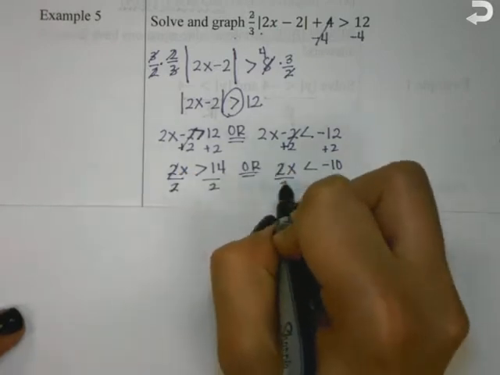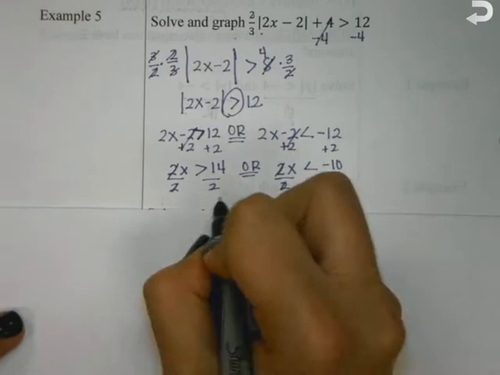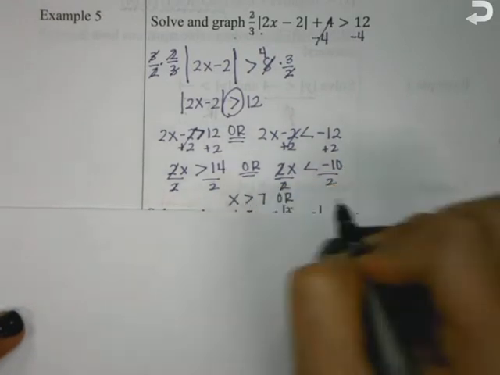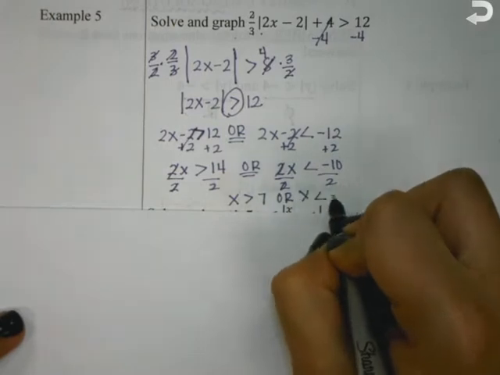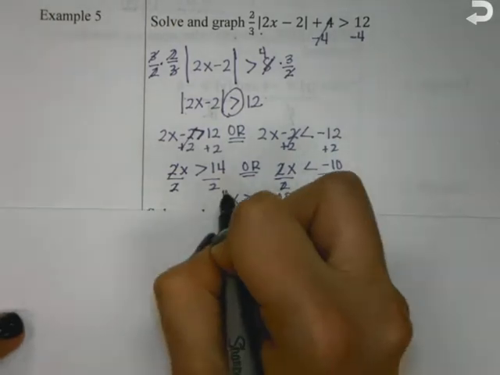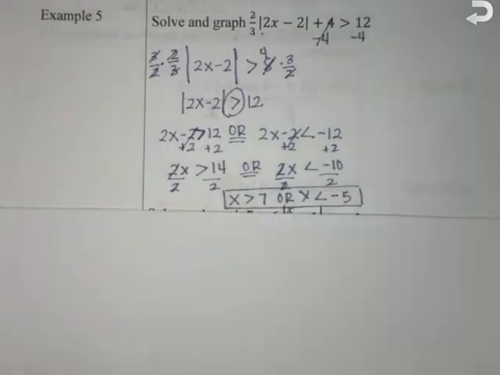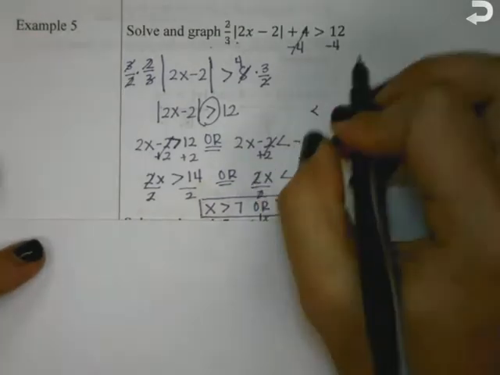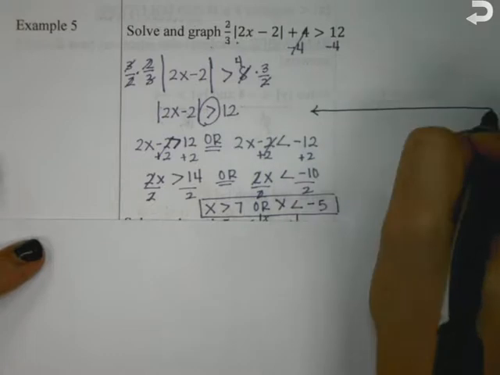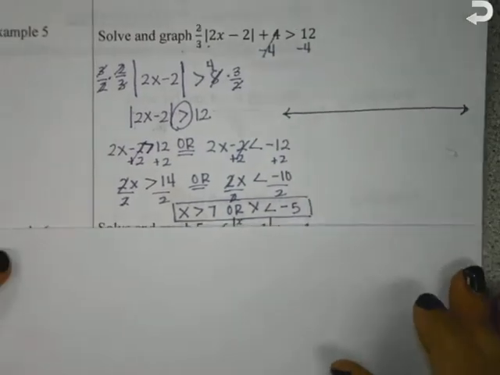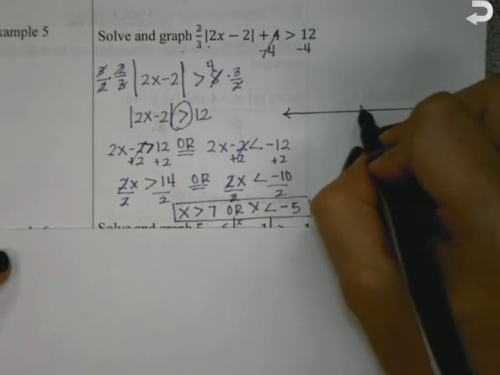Now I want to graph this. So on my number line, I need to make sure I have enough room. So this is going to be 0, 1, 2, 3, 4, 5, 6, 7, 8, negative 1, negative 2, negative 3, negative 4, negative 5, negative 6.